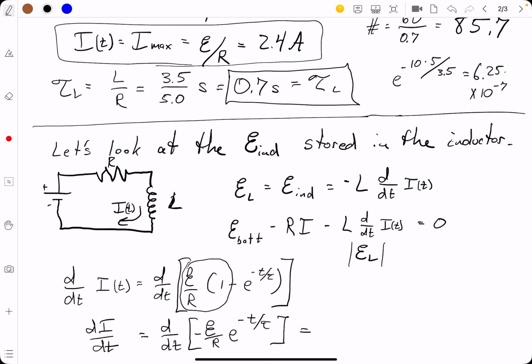What do we pull out here? We've got our tau. We've got 1 over tau. So we've got negative 1 over tau times our EMF over the resistance. And we're going to have another negative from the derivative. So I'm going to just put 2 negatives in there. This one from the derivative, this one from just this one.